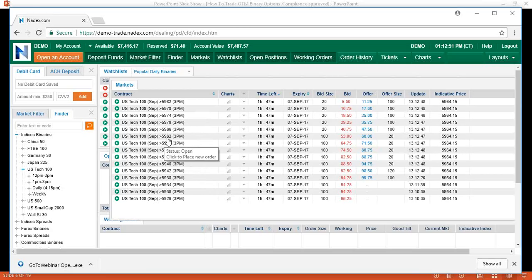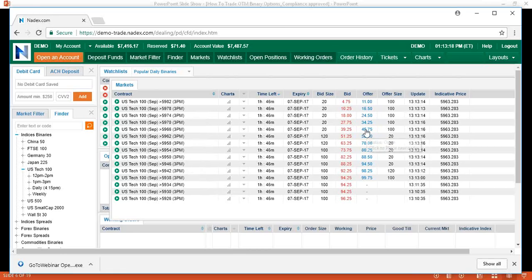Right here, we've got 59.62 and 66. So it's kind of right in between these two, isn't it? Right? Okay. Well, let's just look at this one right here. If I bought this binary, notice how far apart are these strikes? 70, 66, 62, 50. They're 4 points apart, correct?